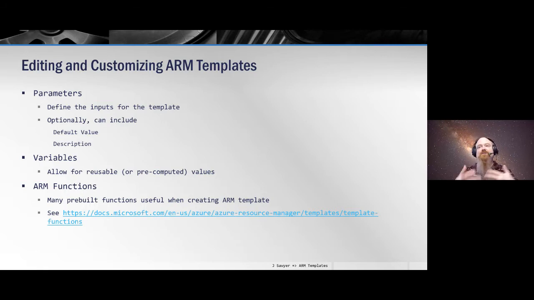And then that allows you to very quickly modify certain small things that you need to change per environment or per deployment instance. Now, optionally, and you're going to see these, you can also include a default value, and it's optional to include a description. I don't think it should be. The description, that's your comments.